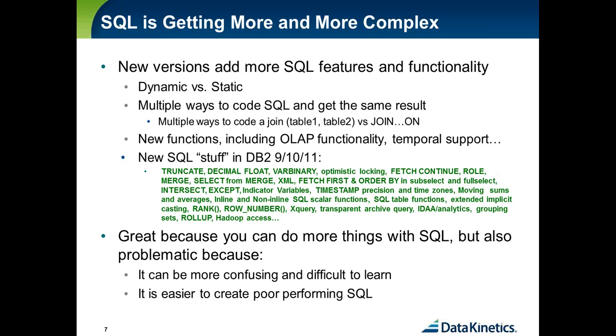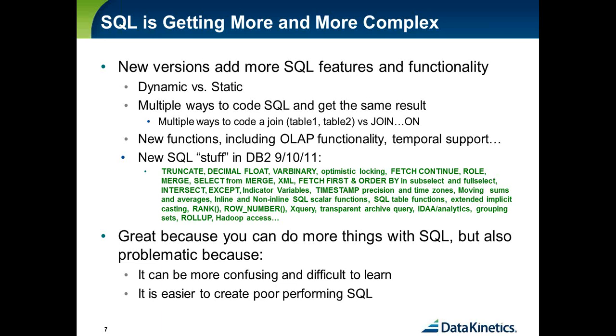Over time, the optimizer is getting more and more smart, where it does code translation so that when it optimizes things that are trying to produce the same results that many times can produce the same access paths, but not all the time, and that can be a complicating factor in terms of coding appropriate SQL and ensuring that your developers are coding appropriate SQL.